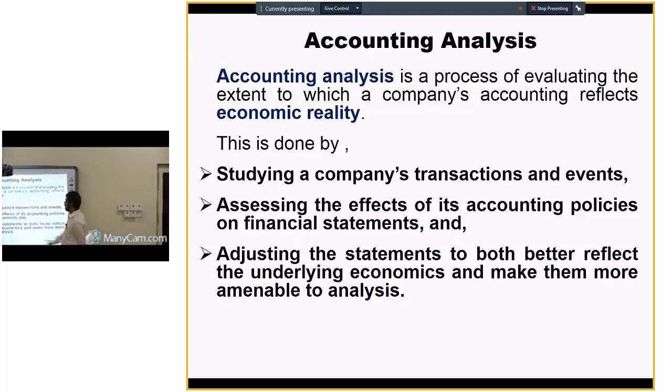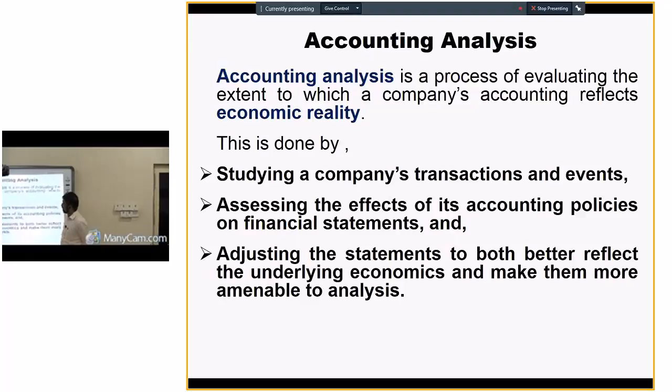We can evaluate each and every transaction and event of that particular organization, assessing the effects of its accounting policies on financial statements. If you refer to the annual reports or financial statements, there are a number of notes and additional information regarding the accounting policies of that organization, right? Then we can assess them to make accounting decisions or the analysis.